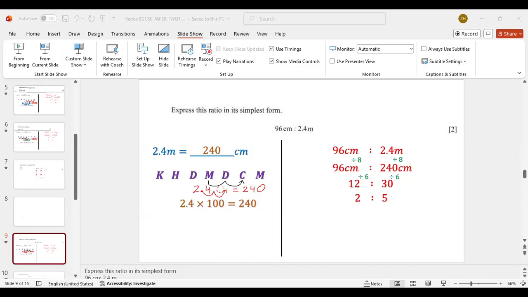Now let's go on to simple interest. So let's go ahead and define it.